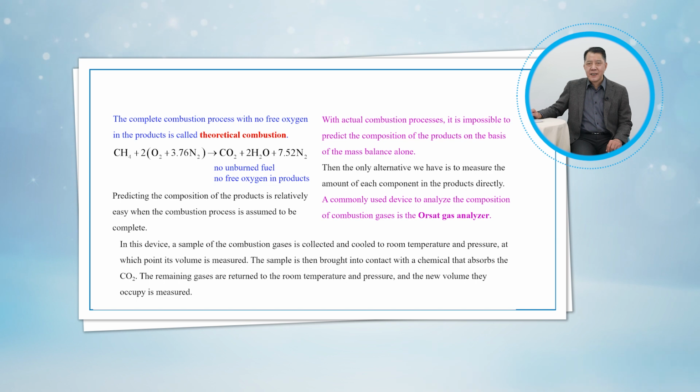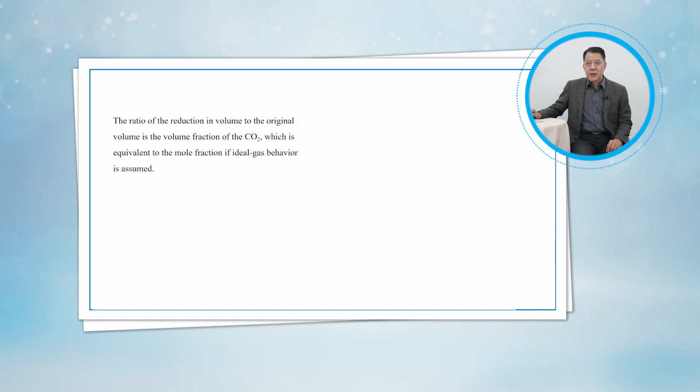The remaining gases are returned to room temperature and pressure, and the new volume they occupy is measured. The ratio of the reduction in the volume to the original volume is the volume fraction of the carbon dioxide, which is equivalent to the mole fraction if ideal gas behavior is assumed.